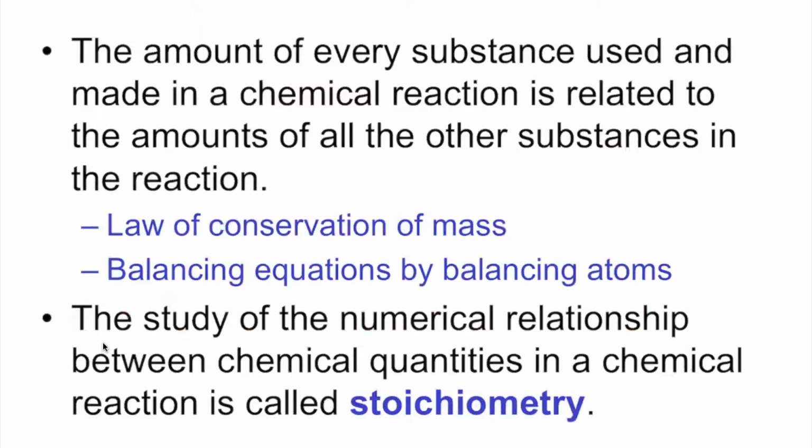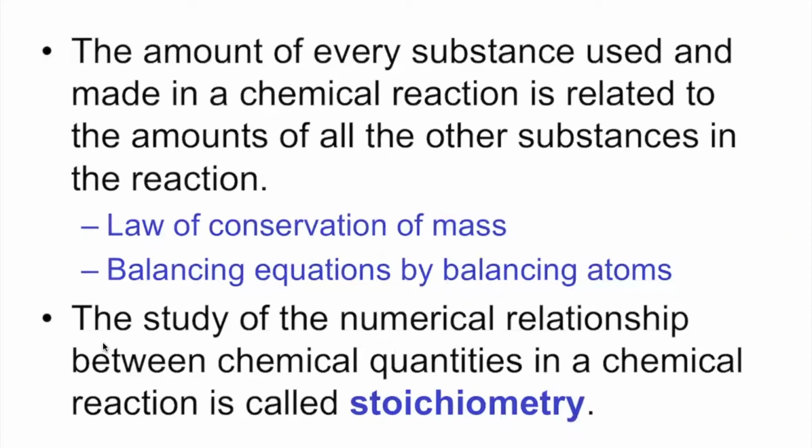Basically, we're going to be following two laws for these reactions to actually occur. It goes back to the idea that matter cannot be created nor destroyed. So that's where we're going to start, that law of conservation of mass. And for that law to be valid, we actually are going to have to balance the reactions.